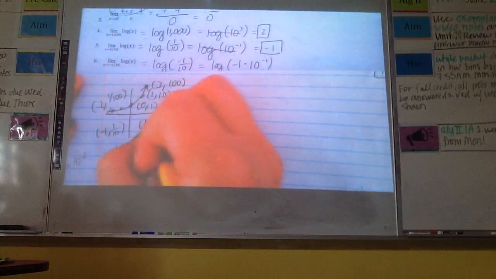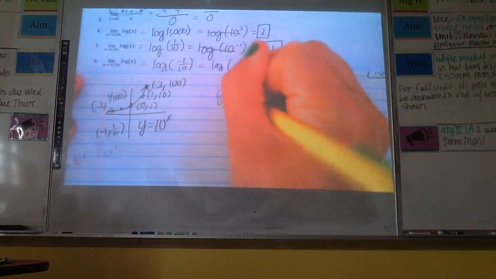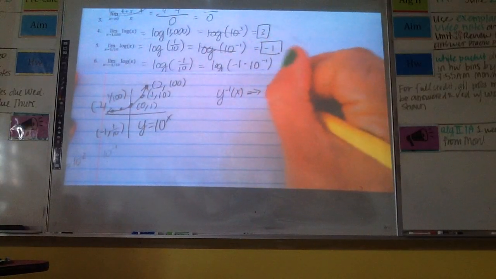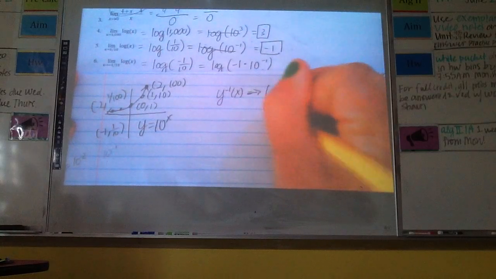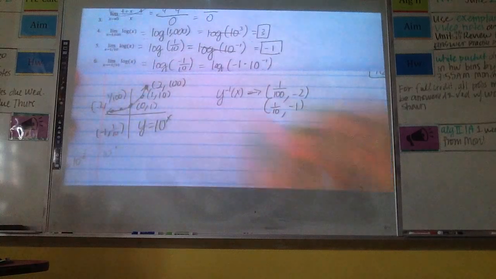So this is y equals 10 to the x. Its inverse function would have points like 1/100th, negative 2, 1/10th, negative 1, taking the x and y values and switching them.